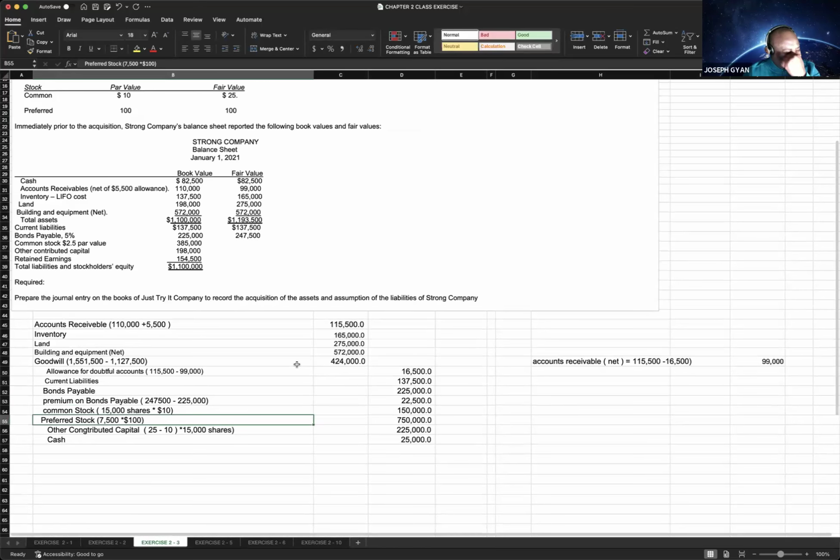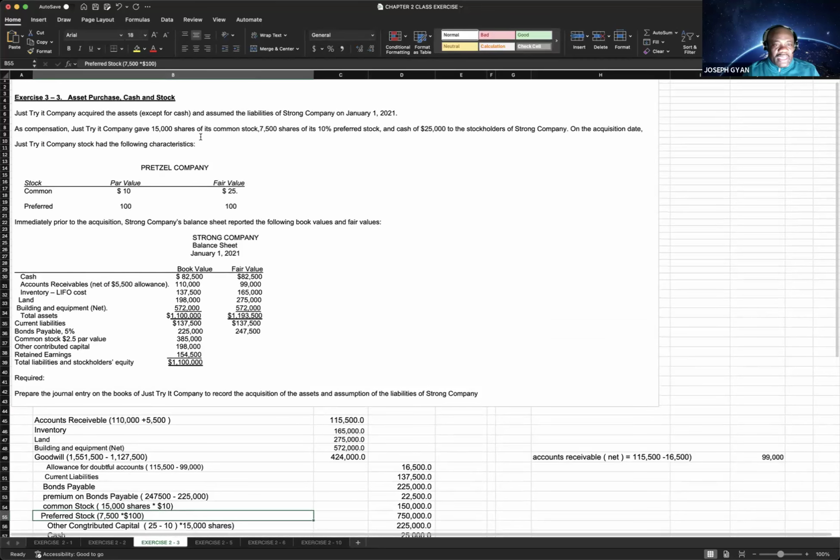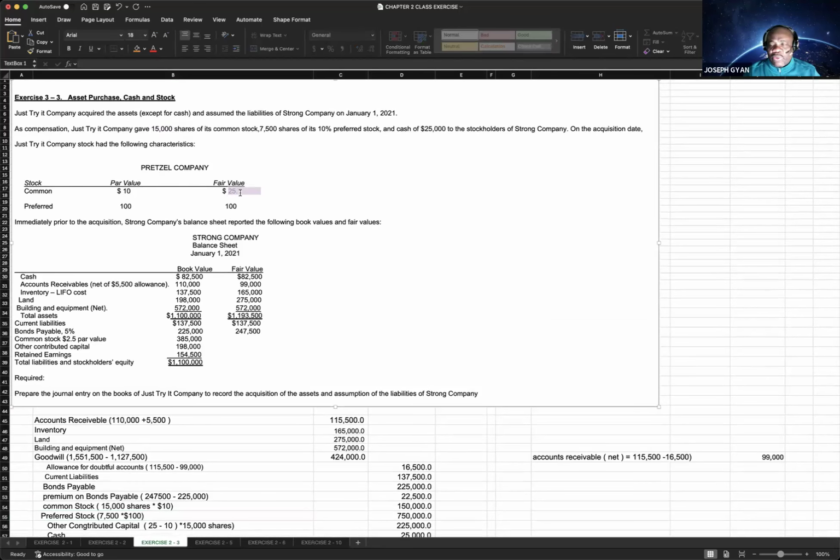But when it comes to the common stock, even though we are giving them 15,000, in the market our share price is high. The price is $25, which means that we are getting extra money, because the stock market is good for us and our share is up.